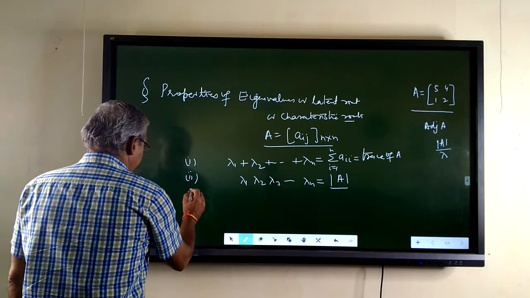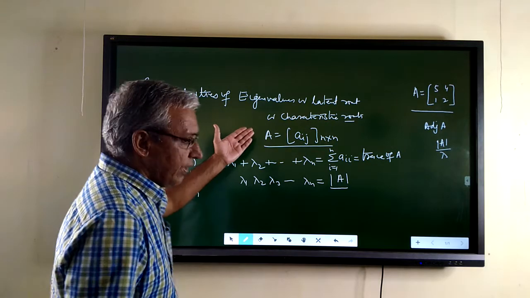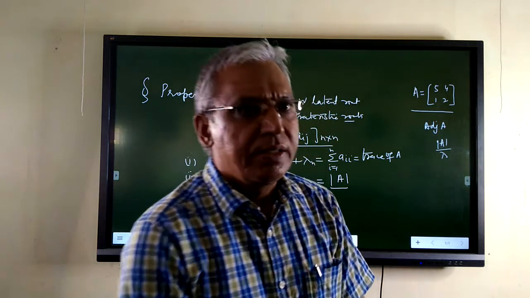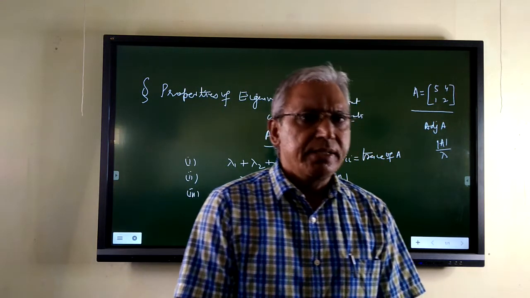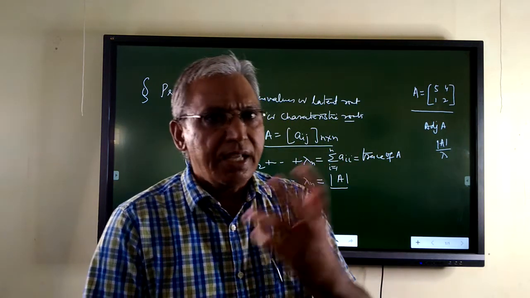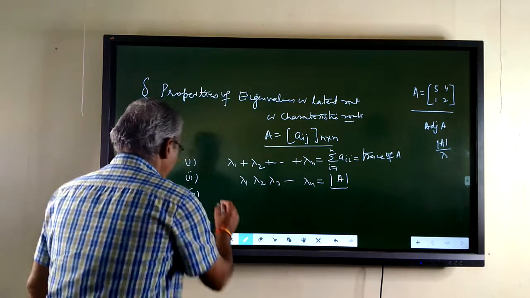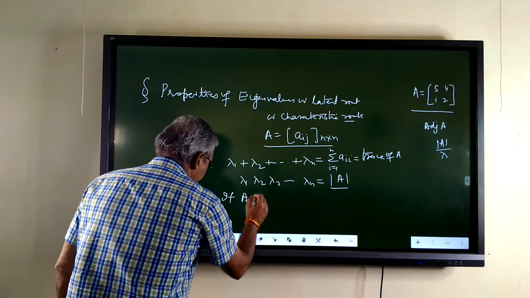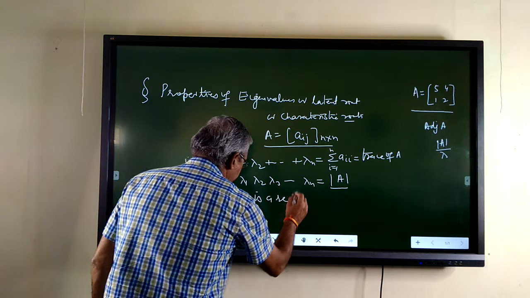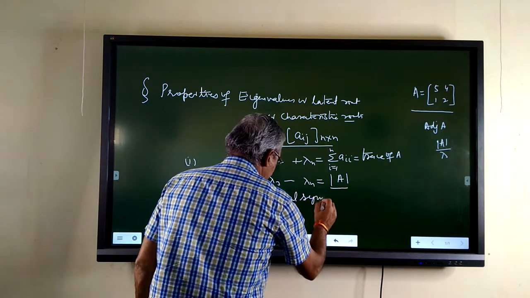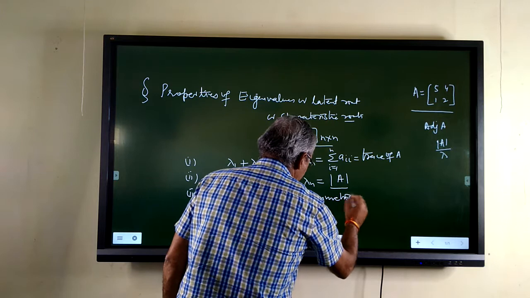Third property: if A is a real symmetric square matrix, then all its eigenvalues are real.